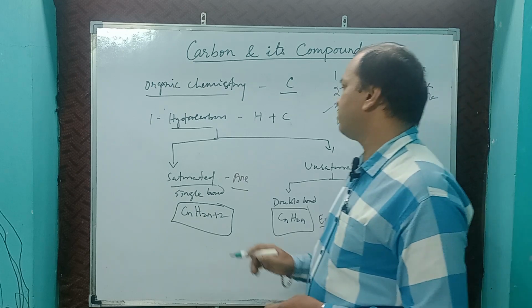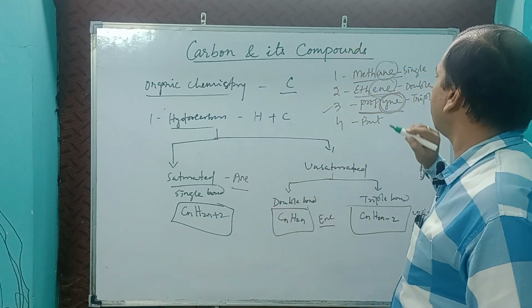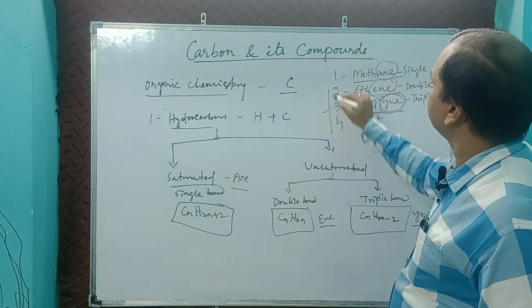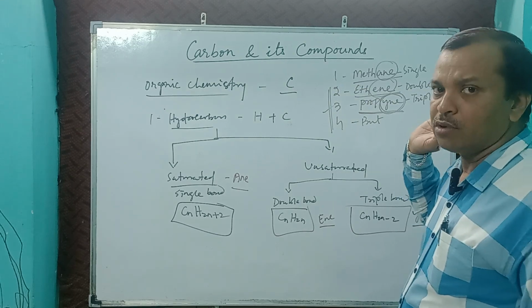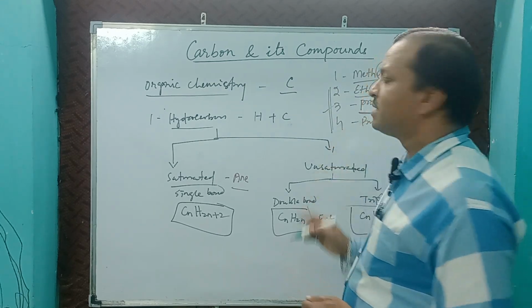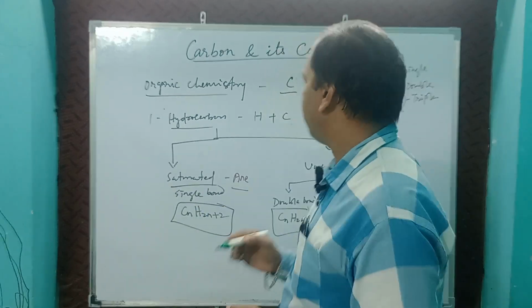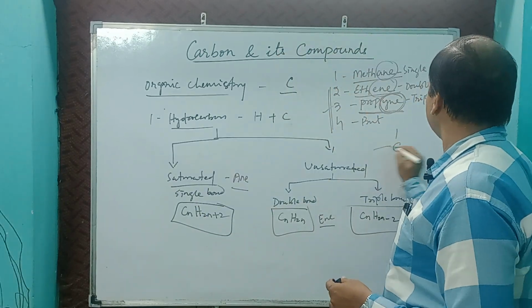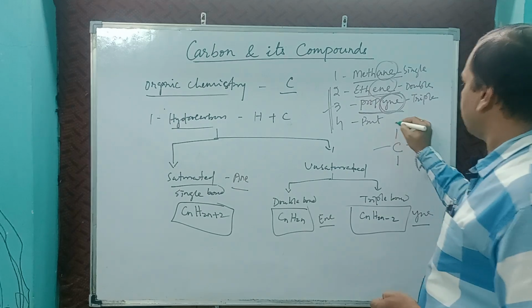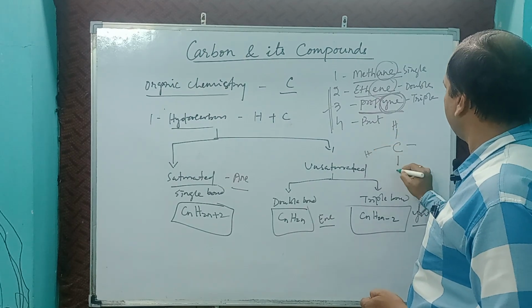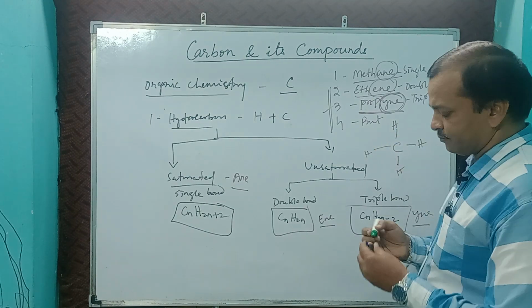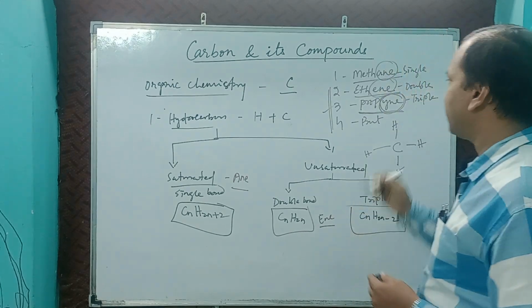One more thing we have to remember is that for double bond and triple bond, the numbering starts from 2 onwards, not from 1. A single carbon cannot make a double bond. Why? Because this is the structure, H. This is methane.